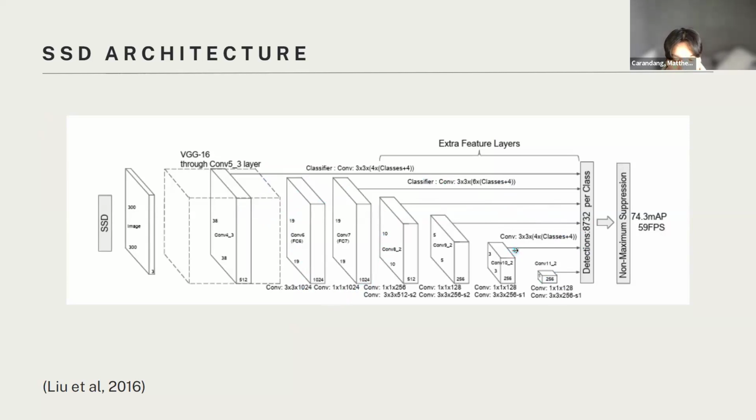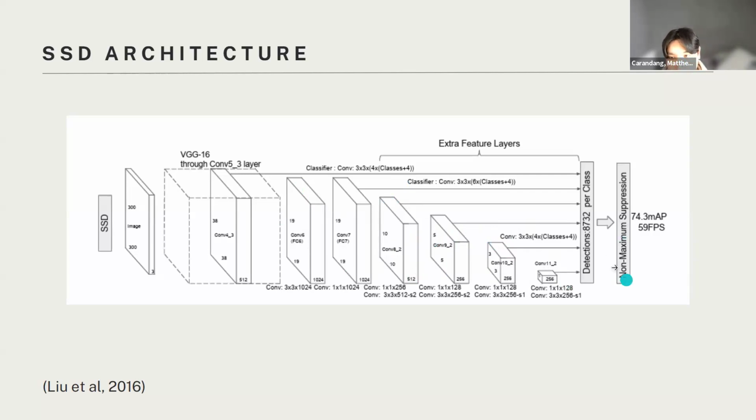So convolution 4_3 would send its feature maps directly to the detection head, as well as convolution 7, convolution 8_2, convolution 9_2, and so on and so forth. Each layer of the backbone sends its feature maps to the detection head, and all these predictions are gathered and then filtered using non-maximum suppression to get the final and clean result.